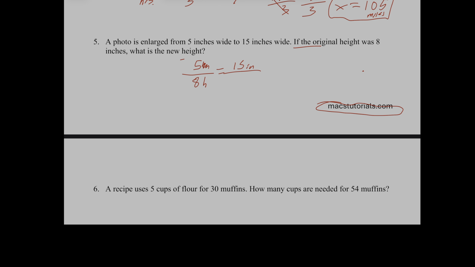I shouldn't really say height. This is actually the width, right? They're all inches, and that's going to equal what height? I don't know the height. You could have also done this if this makes you feel better: 5 over 15, which is the width, and the width equals the height, original to the new.